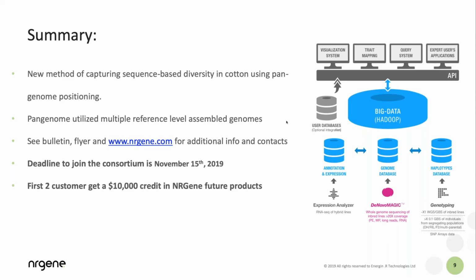The first 2 customers following this webinar will get $10,000 in credit for future projects with Energene Solutions. For additional information, please visit our website at www.energene.com or contact an Energene rep. I will now open the floor to questions to the Q&A session. Thank you.